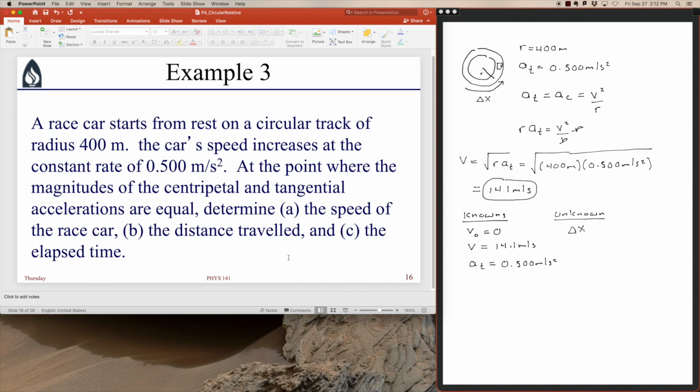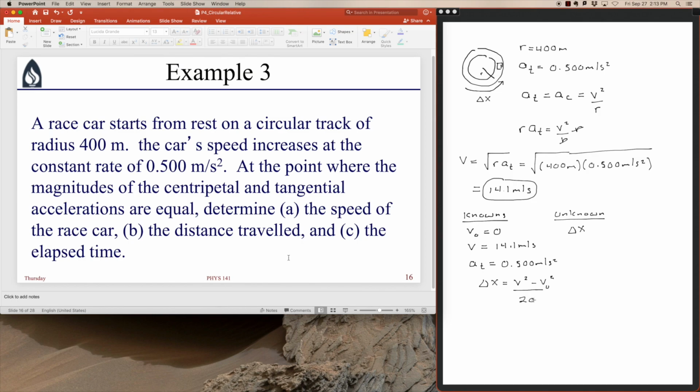All right, so I have my list of knowns and my unknown. Then I should take a look at my constant acceleration equations and find one that will allow me to find delta x given my initial and final velocity and the acceleration that's causing the speeding up. One that looks promising is that delta x is equal to the final velocity squared minus the initial velocity squared, divided by 2a.